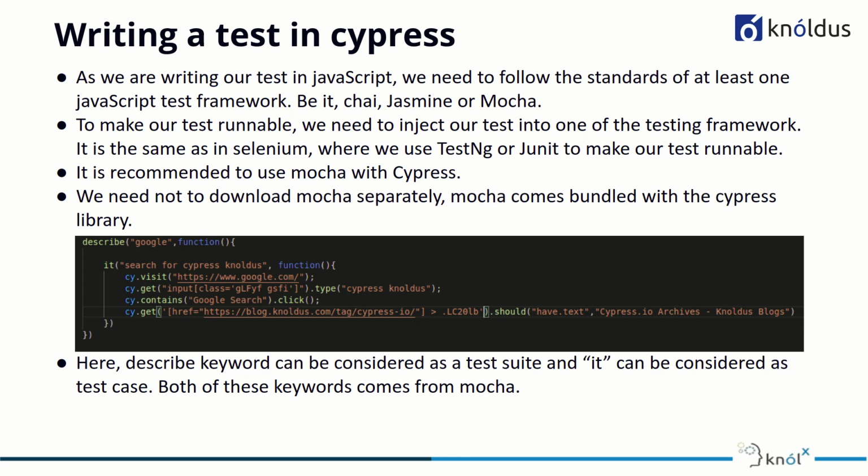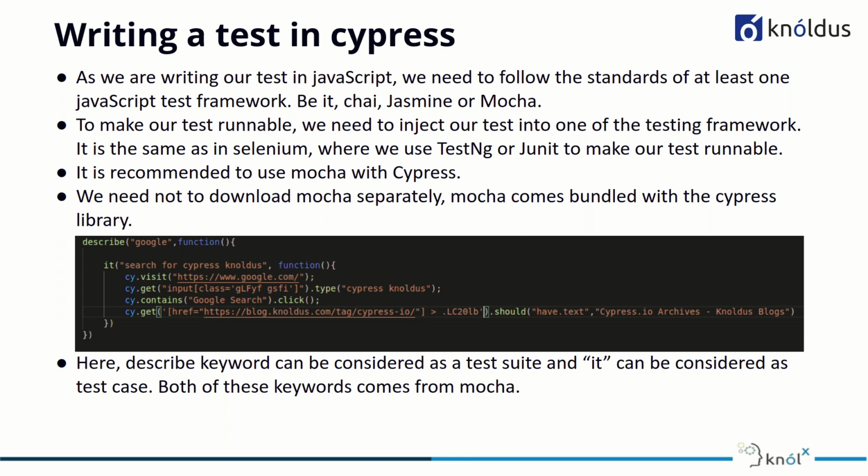For the people who are aware of Selenium and how it works, in Selenium we have TestNG or JUnit to make our test runnable, right? So in Cypress we have to use a similar approach. Basically, to make our test runnable in Cypress, we would have to inject our test into a testing framework. Since Cypress runs on JavaScript, we would have to use a JavaScript testing framework, right?